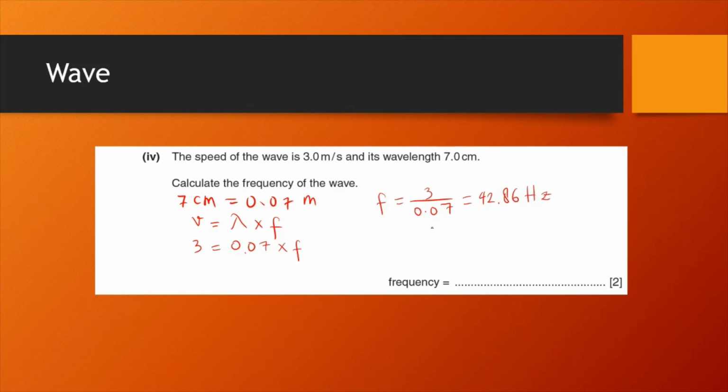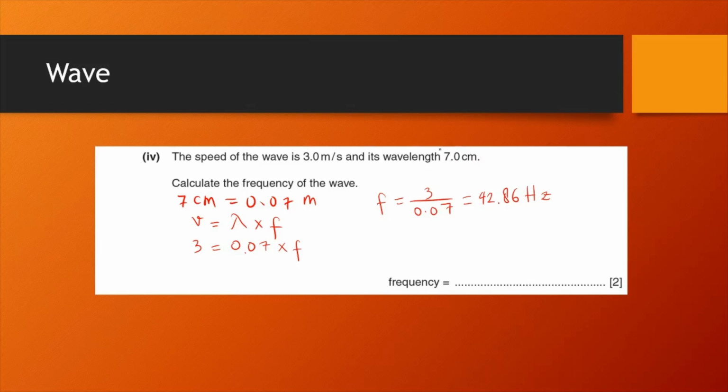We have to consider the number of significant figures used for our answer. This consists of only one significant figure, and this one also consists of one significant figure. Usually, we can use one more significant figure than the number of significant figures used in the problem.